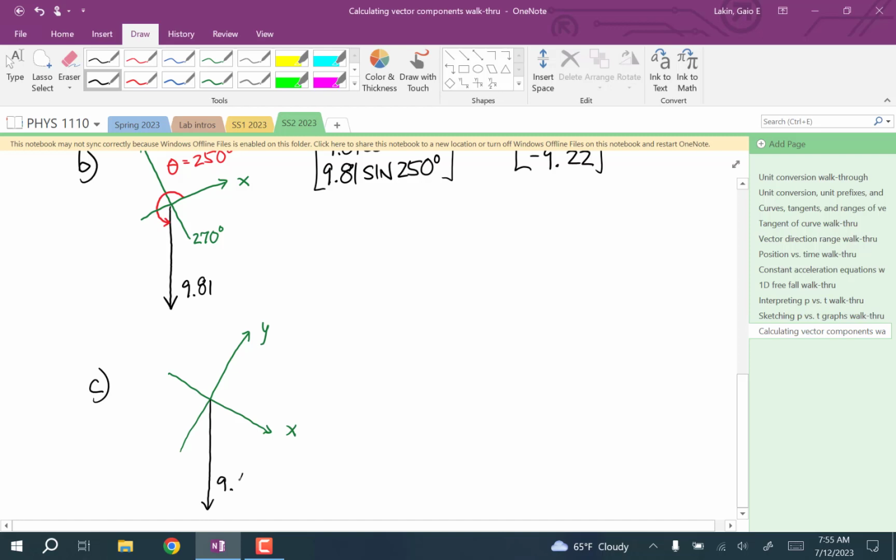Okay, so there it is, 9.81. And now see if you can figure out what this angle theta should be for this coordinate system. So pause the video and see if you can figure that out.